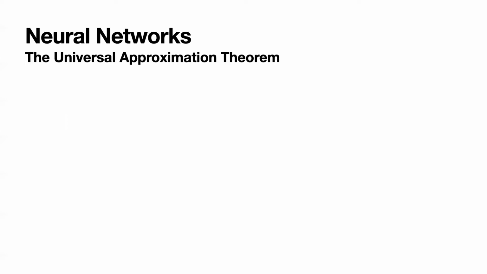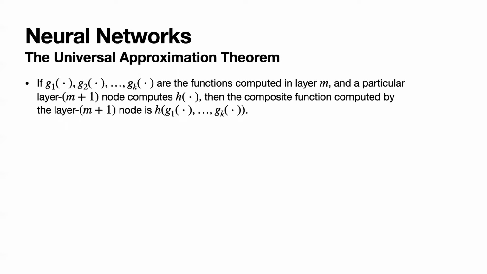But before doing that, I should mention the universal approximation theorem. I'm not going to state it exactly, I'm just going to give you an idea of what it means. So imagine these G's are the functions computed in layer M. Layer M has a bunch of nodes on it, so there are M activation functions, right?